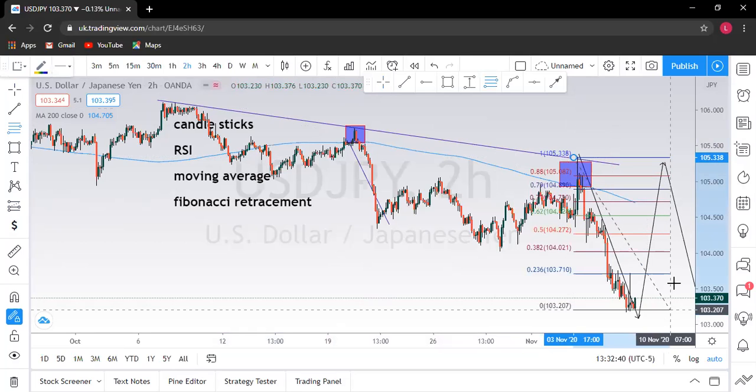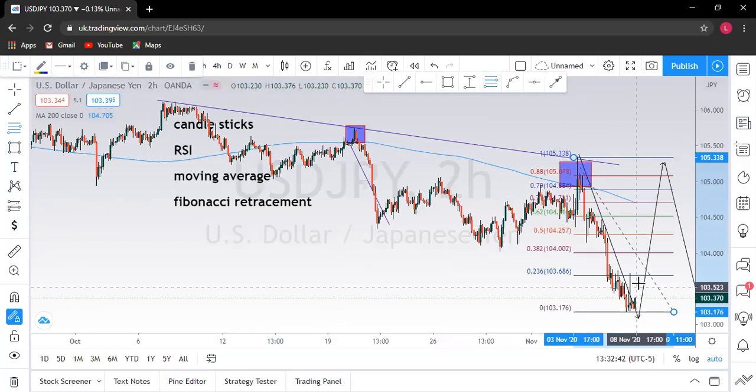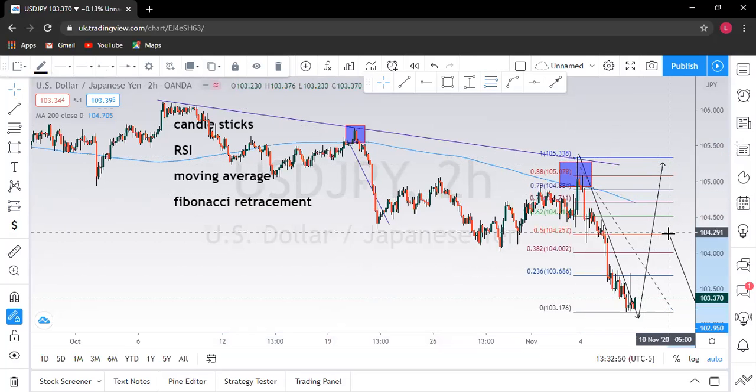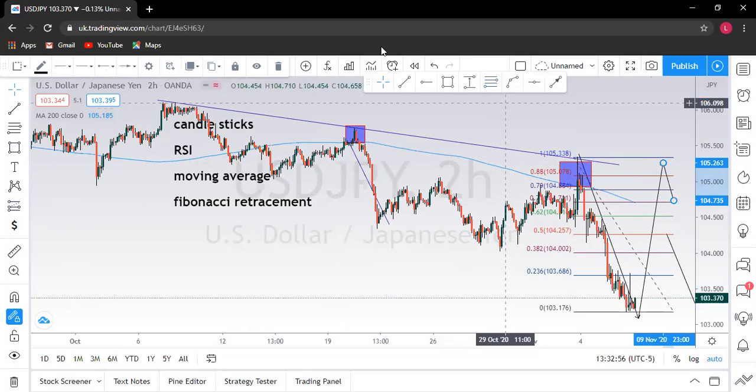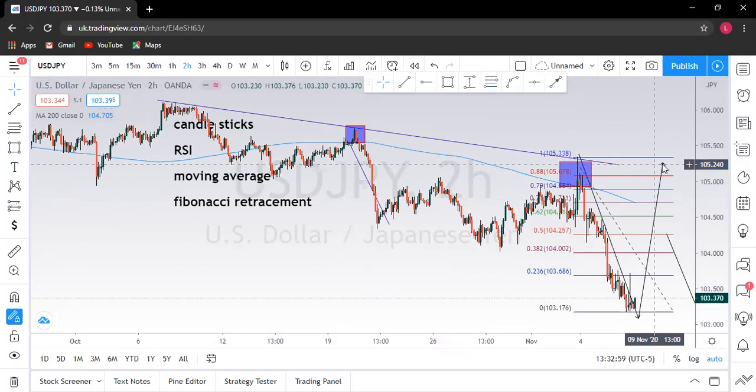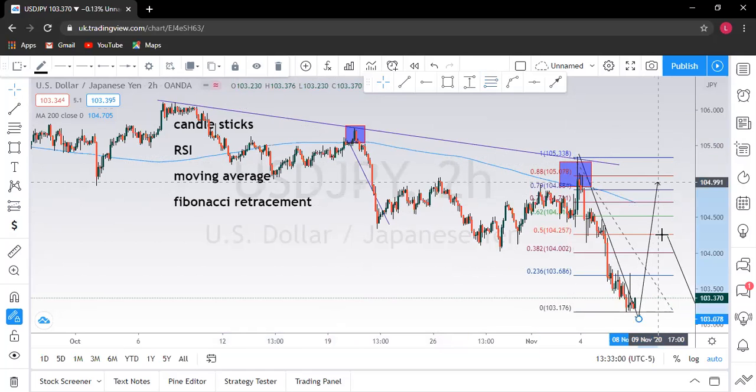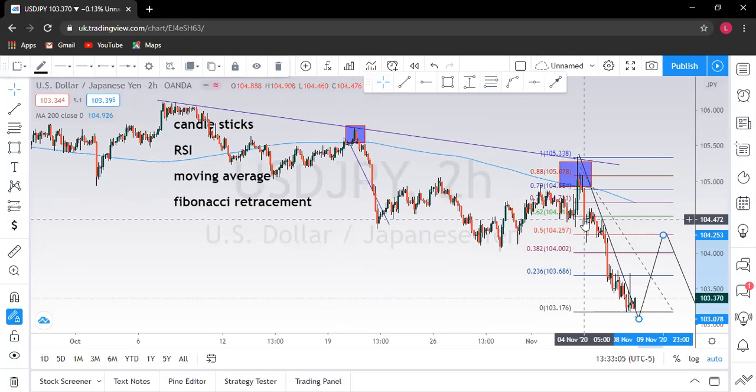That means the market can come and retrace 50% of it and start going down. The market can decide to go back at that 50% level because it is a retracement level. I hope you understand.